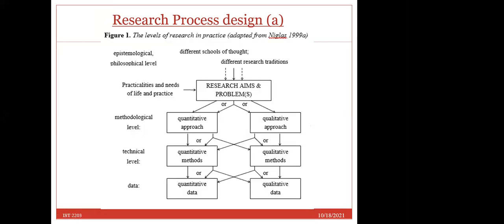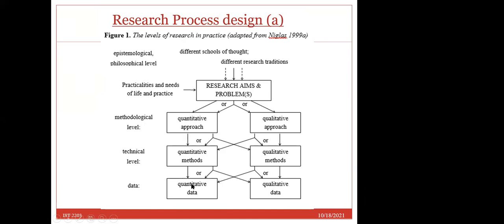So typically, for the research, after you've got your research aims and problems, that's where most of you are. Then you decide whether your research will be qualitative or quantitative. And then you decide the methods, whether you shall use qualitative or quantitative methods or a mix of them.